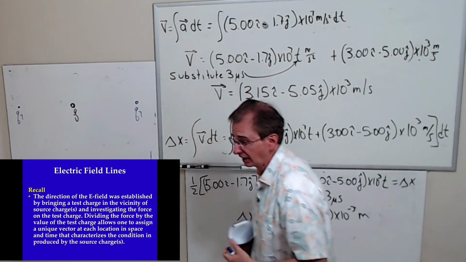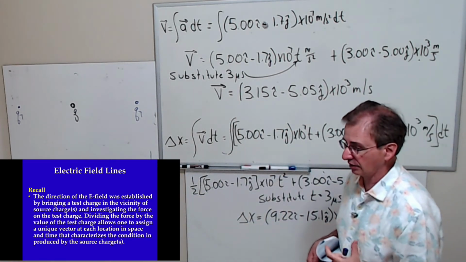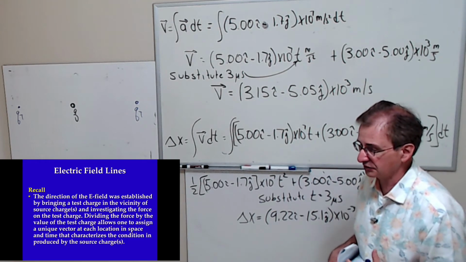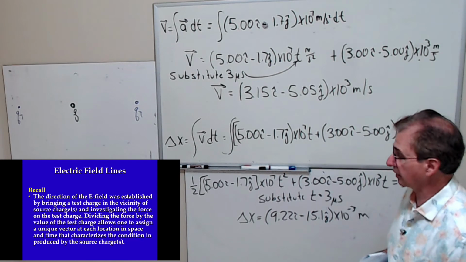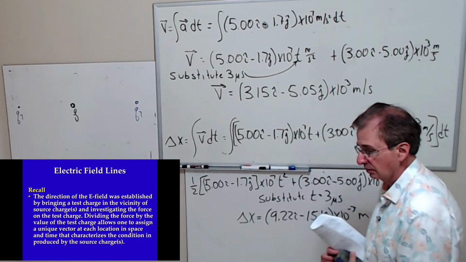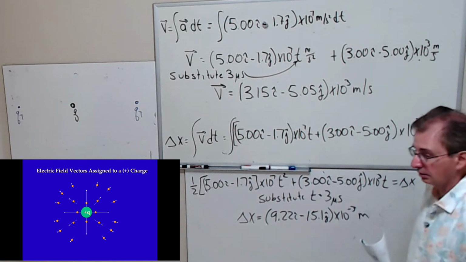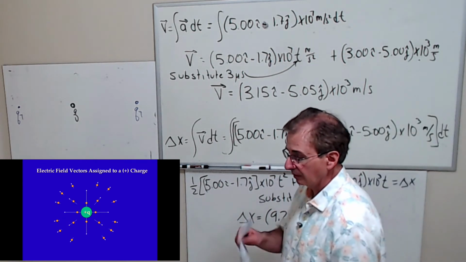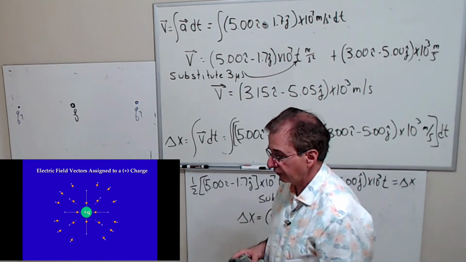What I'm doing is I'm able to assign a unique vector at each location in space that characterizes the condition produced by the source. A picture of that is shown here. So there's basically a picture showing the vector field.